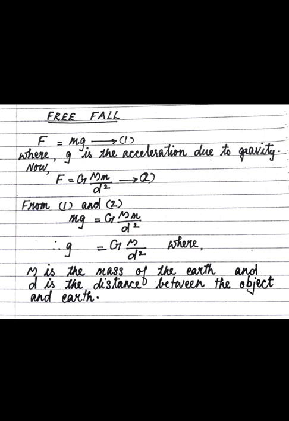Whenever objects fall towards the earth under this force alone, then we say that the objects are in free fall. So what is meant by free fall then? How can you define free fall? Whenever the objects fall towards the earth under gravitational force alone, no other external force, then we can say that the object is in free fall, or that fall is called free fall, or that motion is called free fall.